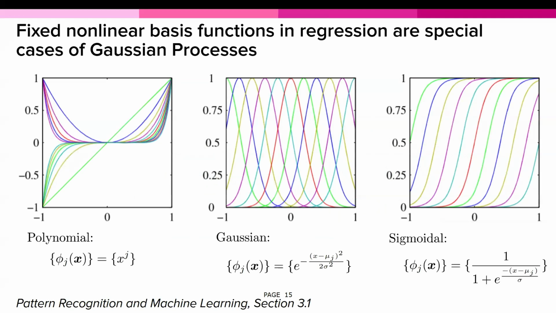You can either work from the parameter space perspective using linear regression, or from the function space perspective using a Gaussian process. The predictive distributions are going to be the same. So when you set up your kernel function to represent those fixed basis functions, the Gaussian process framework reduces to the familiar linear regression results.